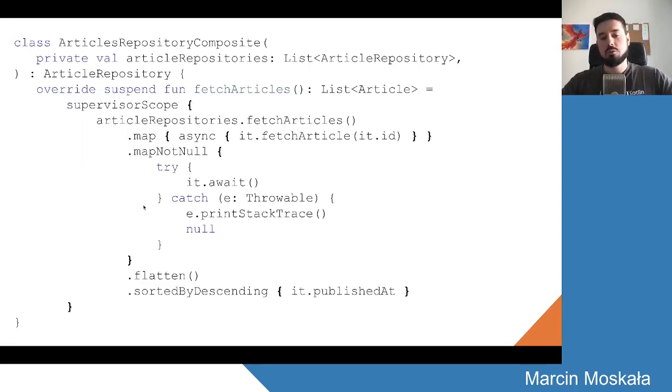If you want to ignore exceptions in async await, then you need to do two things. One is that you need to use a supervisor scope instead of coroutine scope, so that exceptions in async are ignored. And the second thing is that you need to wrap your await with try catch, because imagine that you try to calculate some data, you have an exception, but this exception is silenced by supervisor scope.